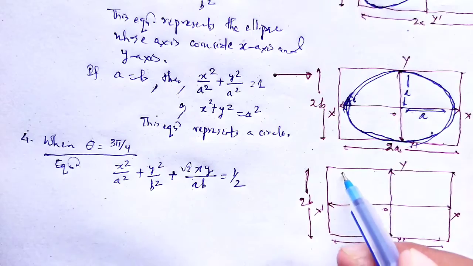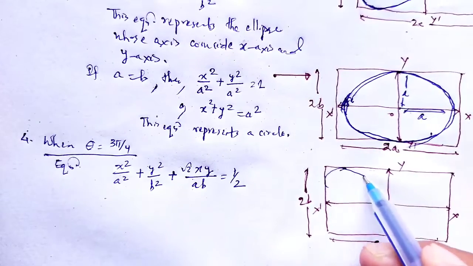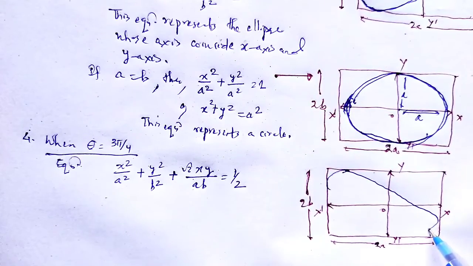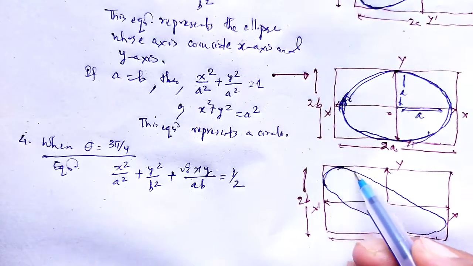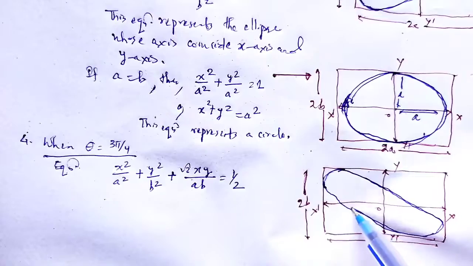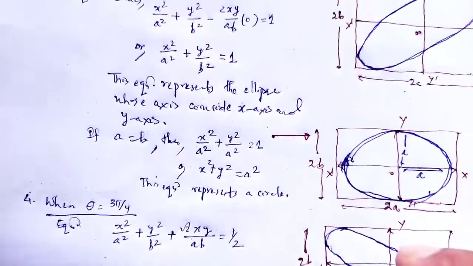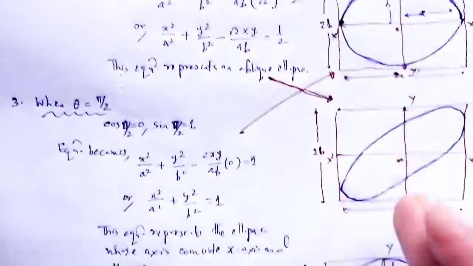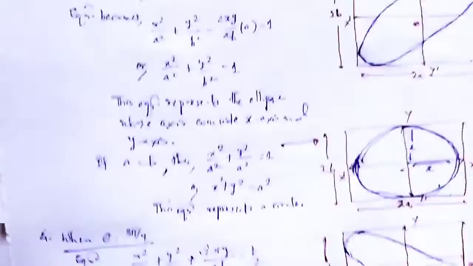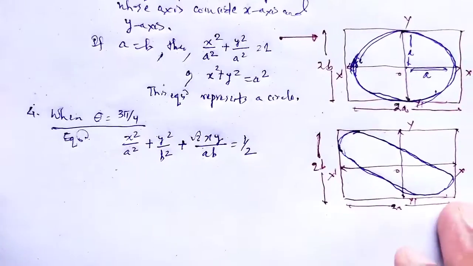So, the shape is just oblique shape. Oblique shaped ellipse, just opposite of that figure when theta is equal to pi by 4. When theta is equal to 3 pi by 4, it is opposite.